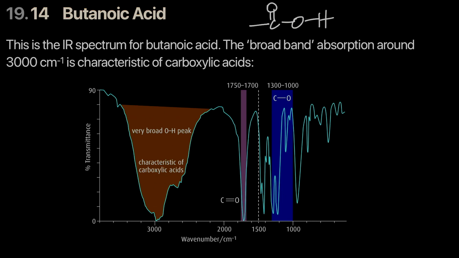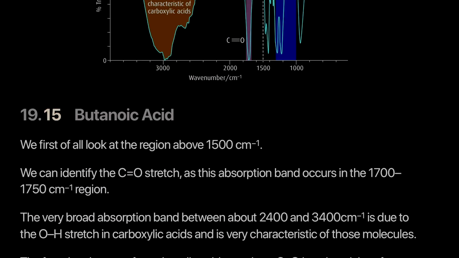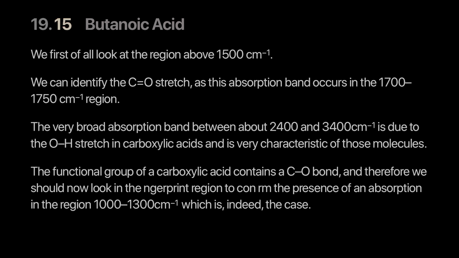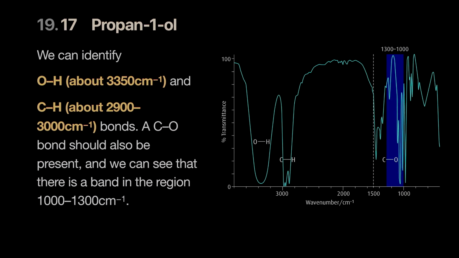All right? Let me do a few more molecules before I let it sink in with you. Remember, butanoic acid, we were looking at the region between 1500 and 4000. We saw the CO, which was near 1700, and the very broad OH, which told me it's an acid. The CO single bond is in the fingerprint region, and it's never really easy to see there. Now, let's look at another molecule.